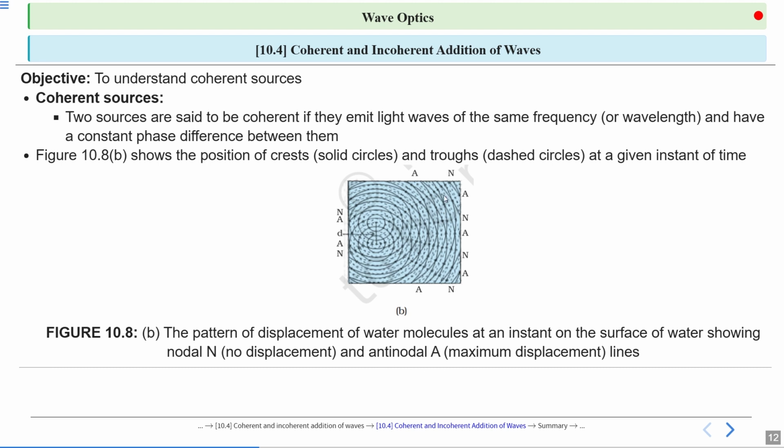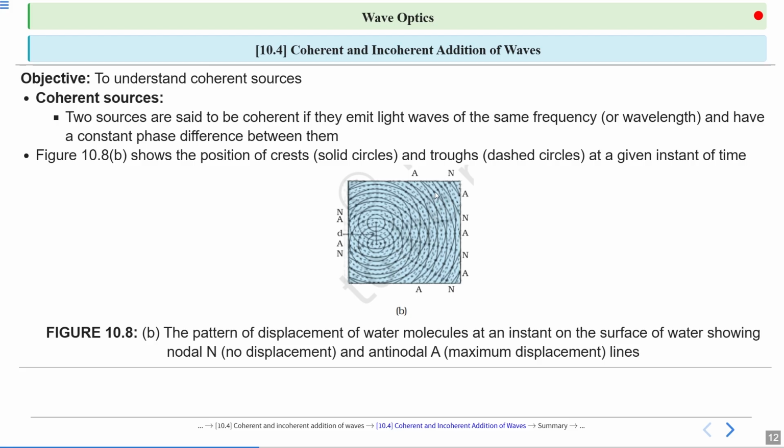I have already explained that you can see these waves, these crests. A crest is lying on the crest of another wave, so they are superimposing. This is represented by these points, known as antinodes, having maximum displacement.